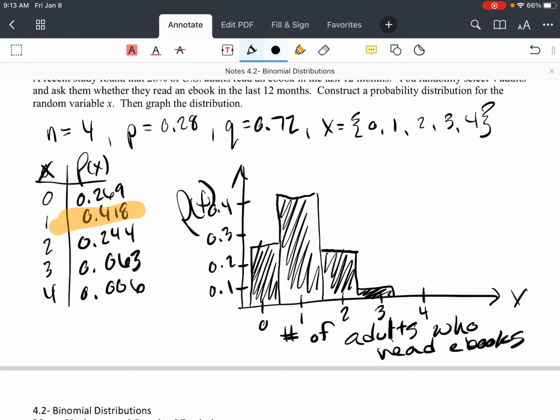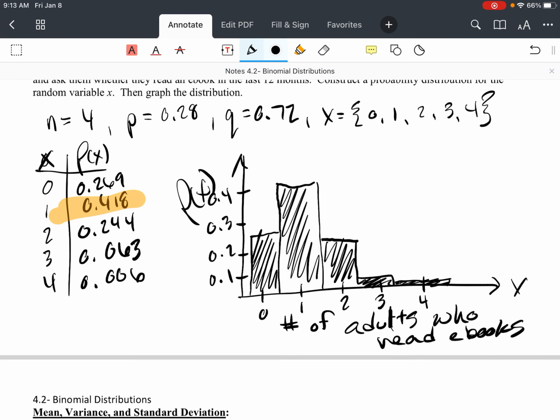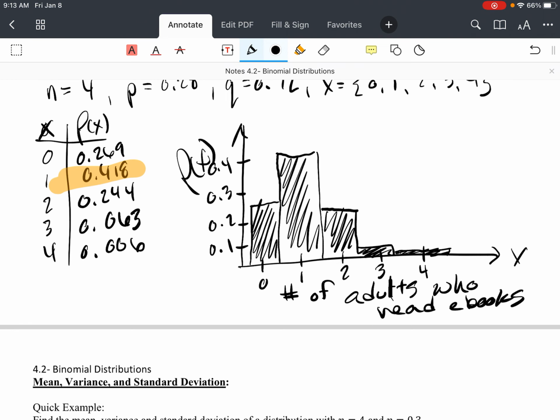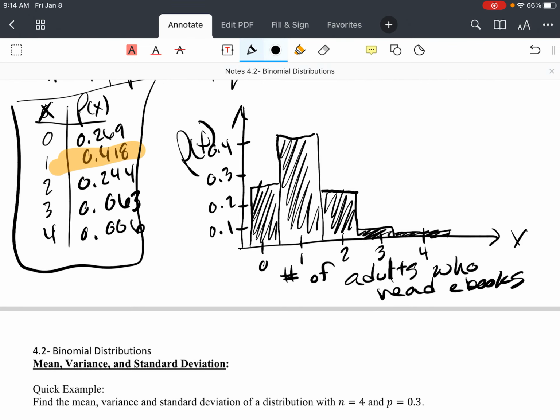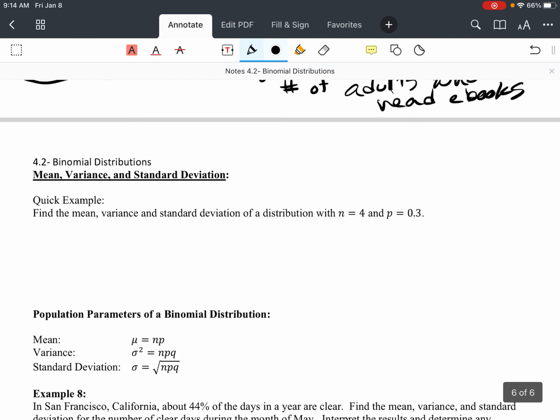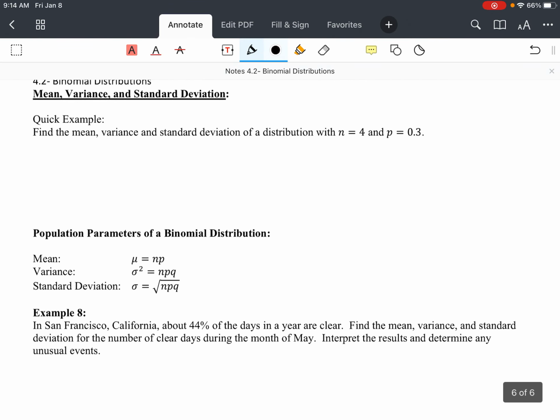Probability of 3 is just under 10%, and then probability of 4 is almost non-existent. All right, so this is our histogram. That's all you have to do. So you're finding the probability distribution, and then you graph it on a histogram as we did before.